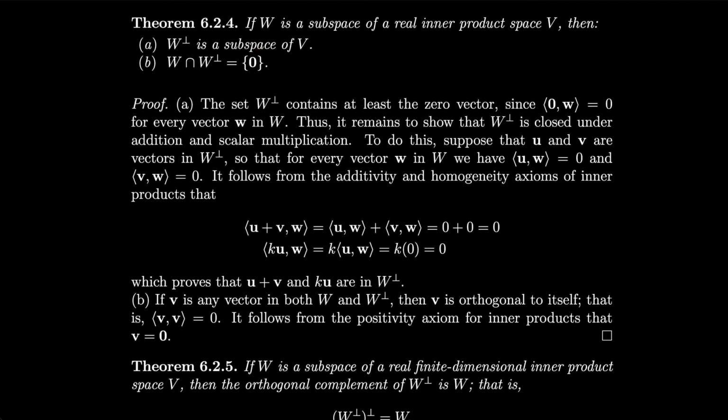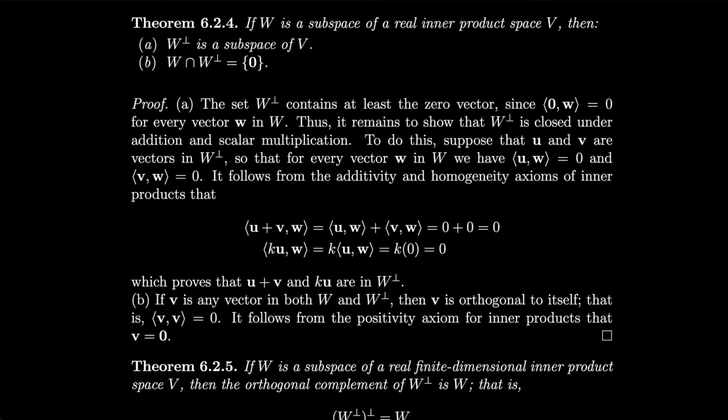To prove this, let's look at part A first. The set W perp contains at least the zero vector, since the inner product of 0 with w would equal 0 for every vector w in W. Thus, it remains to show that W perp is closed under addition and scalar multiplication in order to show it's a subspace. So let's suppose that u and v are vectors in W perp, so that for every vector w in W, we have the inner product of u and w equal to 0, and the inner product of v and w equal to 0.